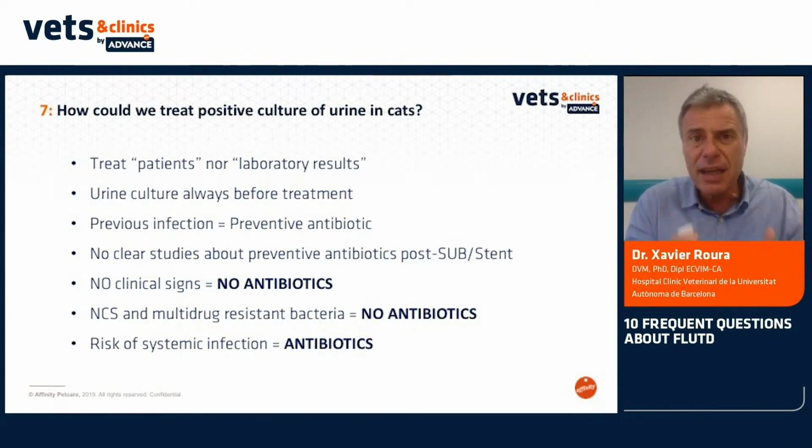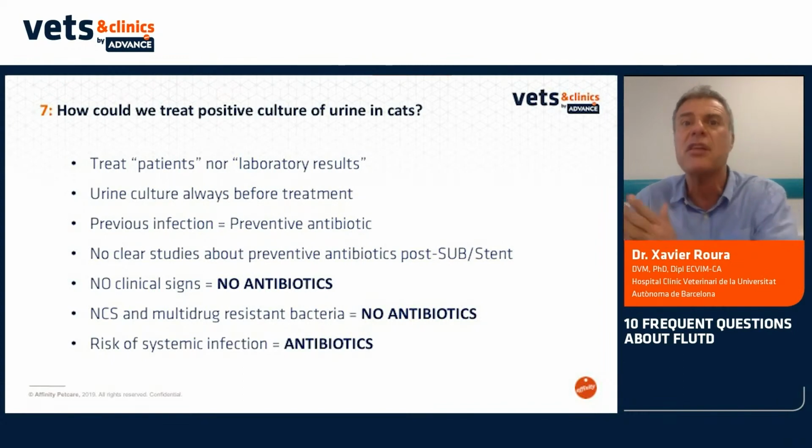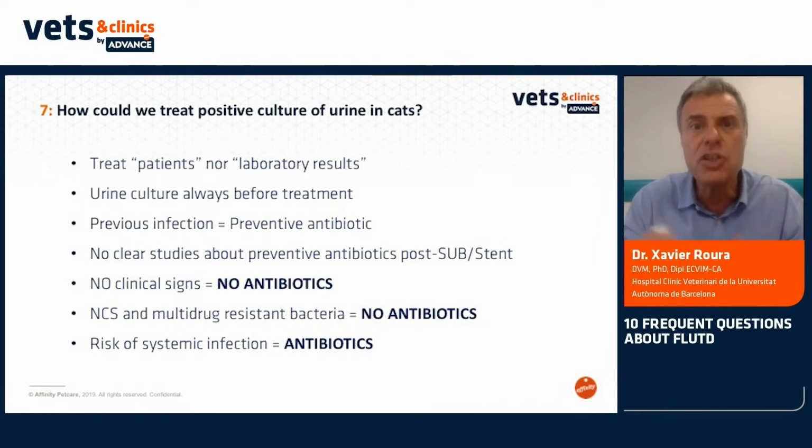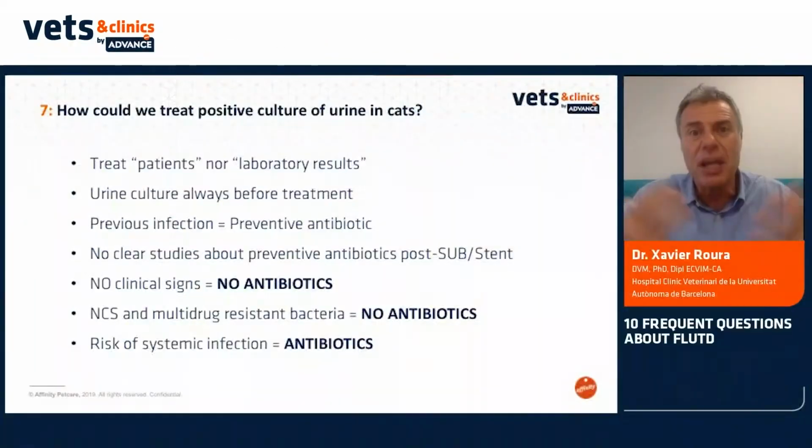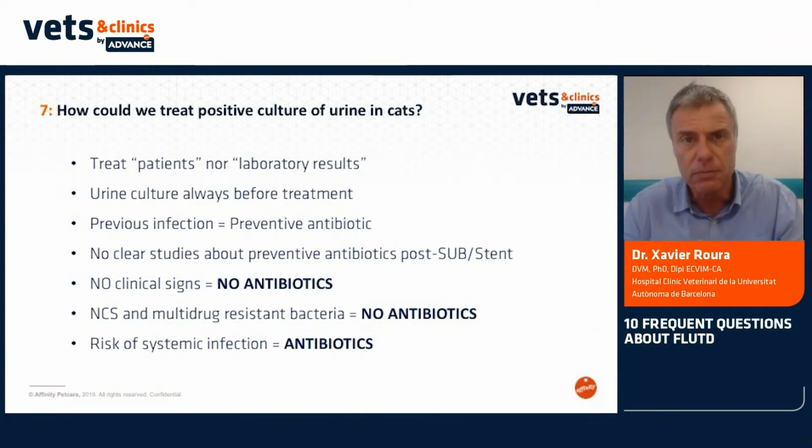Even if this cat has no clinical signs, together with a multi-resistant bacteria, even in this situation, we don't need to give antibiotics. We always need to give antibiotic if we have a risk of systemic infection. For example, a pyelonephritis could make sense because it's a hematogenous infection in general, and could have a sepsis associated to this pyelonephritis. But only in this situation can we give antibiotic as a prevention.